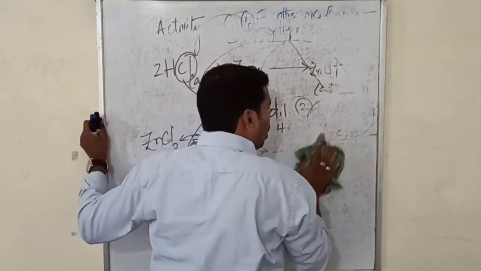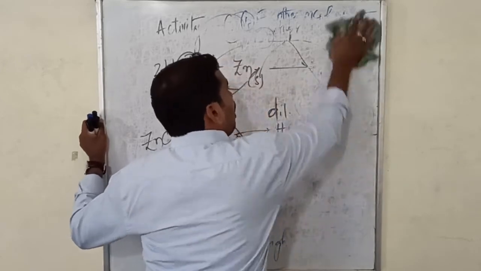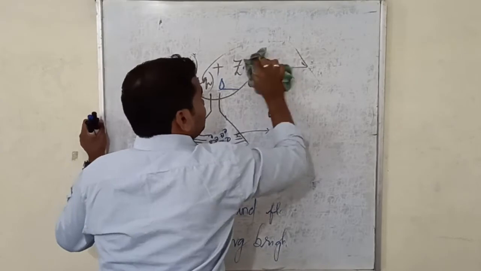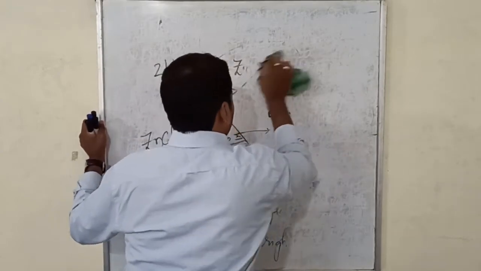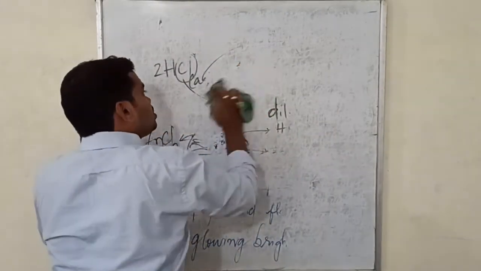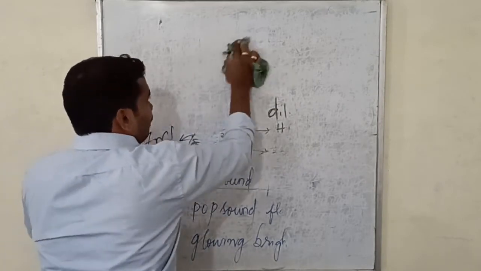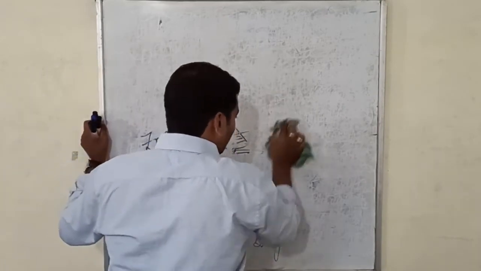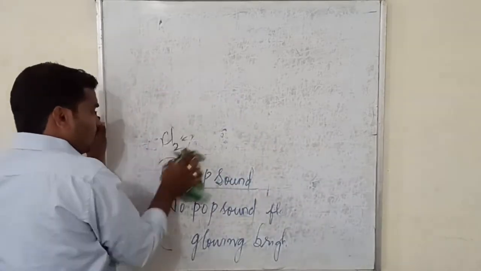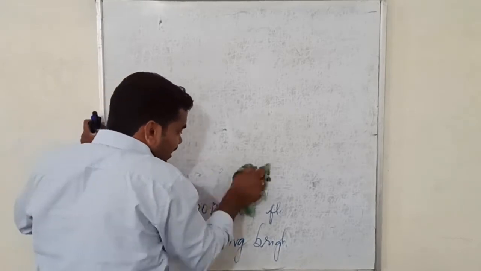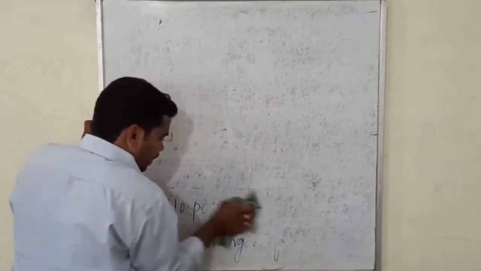A single compound will be broken down into two or more compounds. Such kind of reaction is nothing but a decomposition reaction. Here decomposition reactions also have different types: thermal decomposition, electrolysis process, photolysis process, photo decomposition. Like that, there are different types of decomposition reaction.